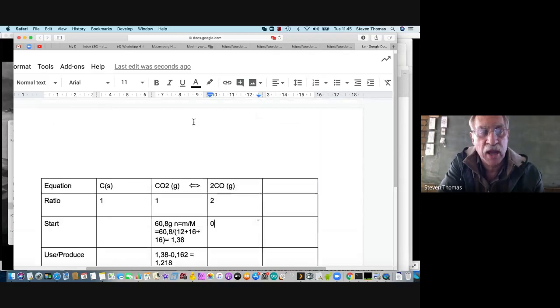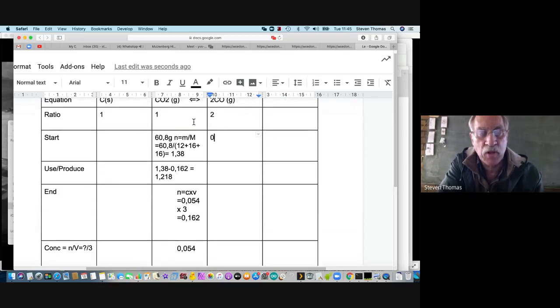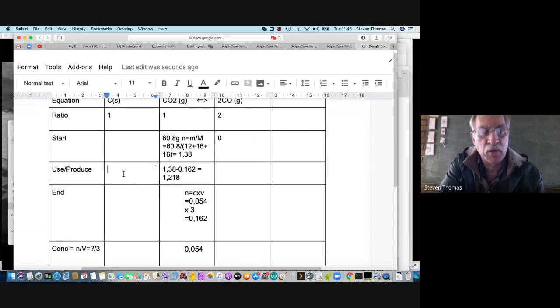So let's go back to this ratio. If we have 1 here, the amount of this has got to be the same ratio as the amount of this. So what do you think the number of moles of this is going to be?